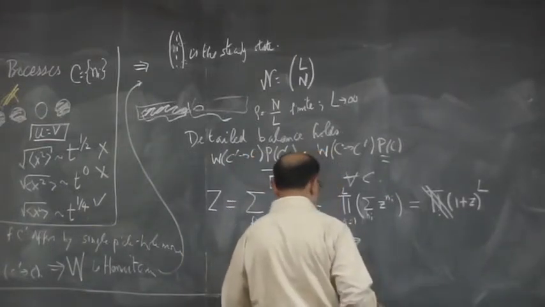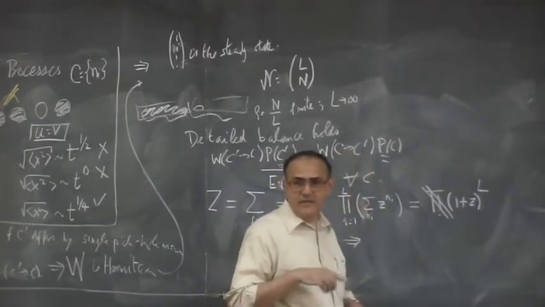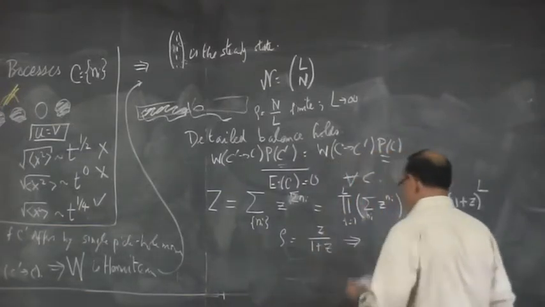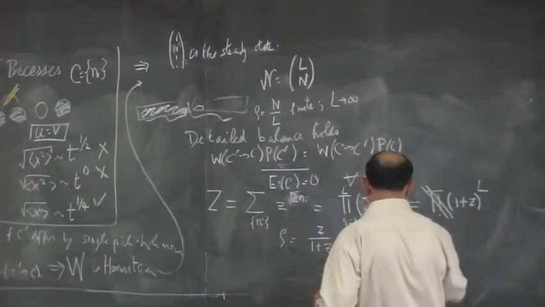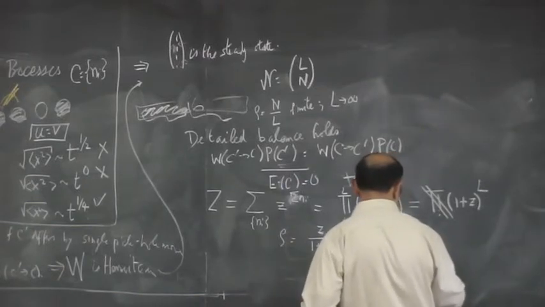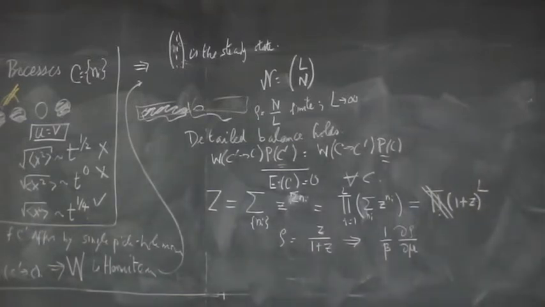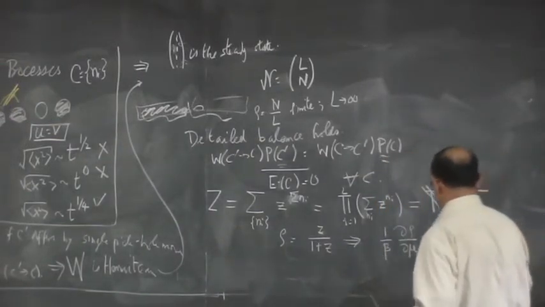That's how you find rho in terms of z. But more interestingly, 1 over beta d rho by d mu, which is related to the compressibility, is equal to rho times 1 minus rho.